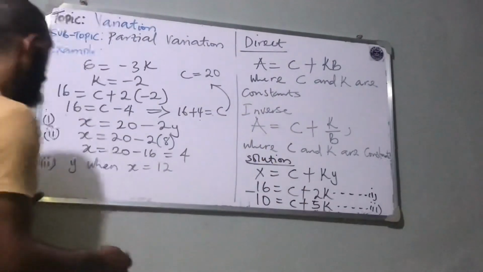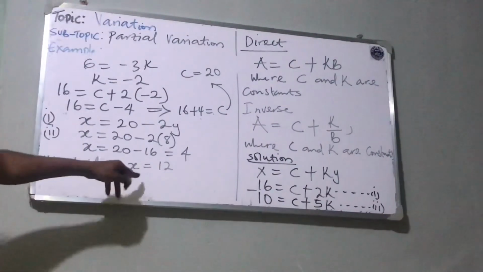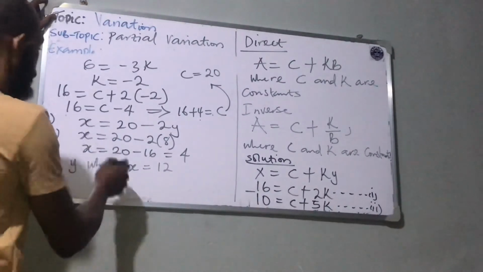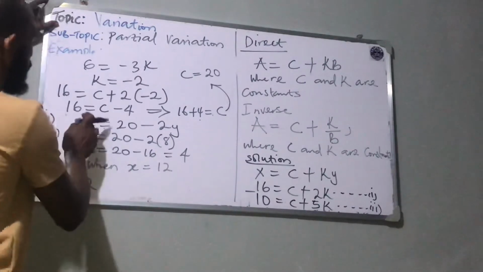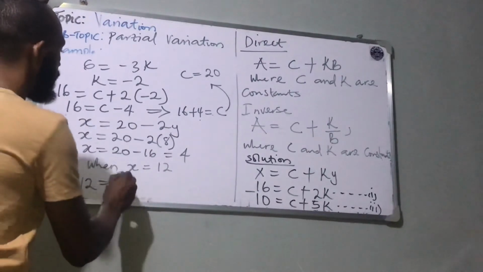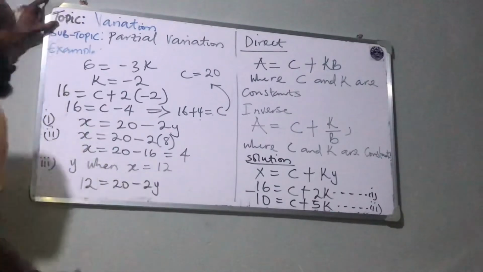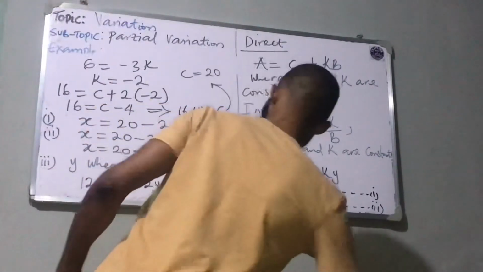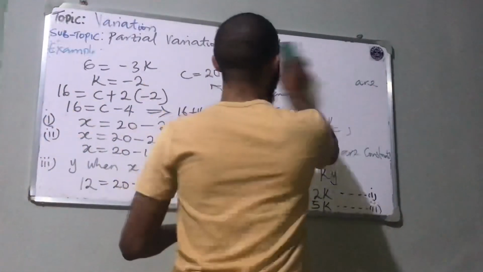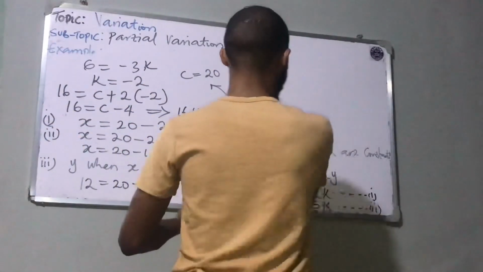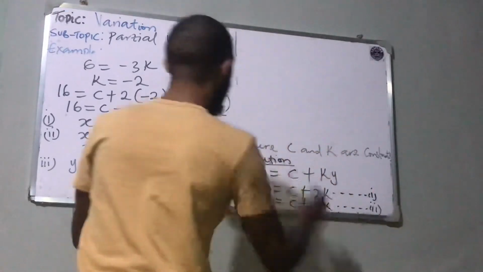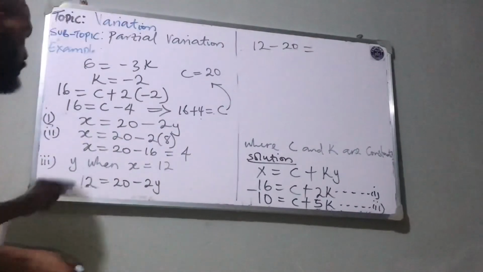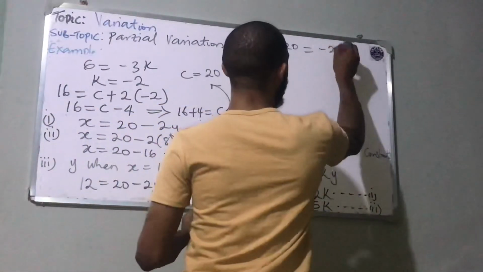The last one, we are asked to find Y when X is 12. So X is 12 here, equals 20 minus 2Y. I can take this 20 to the other side, so that will give me 12 minus 20 equals minus 2Y.